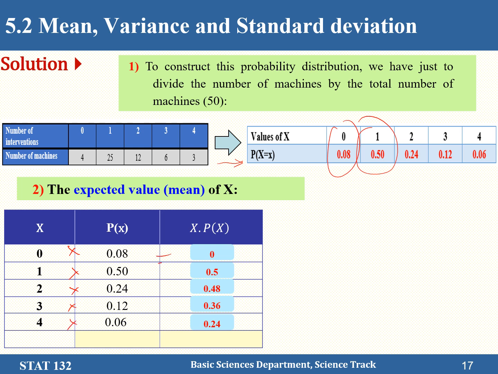And then you got this, and you got the sum of them. So their sum will give us the expected value. So the expected value of the number of interventions is 1.5. So practically it means we expect one or two interventions mostly.